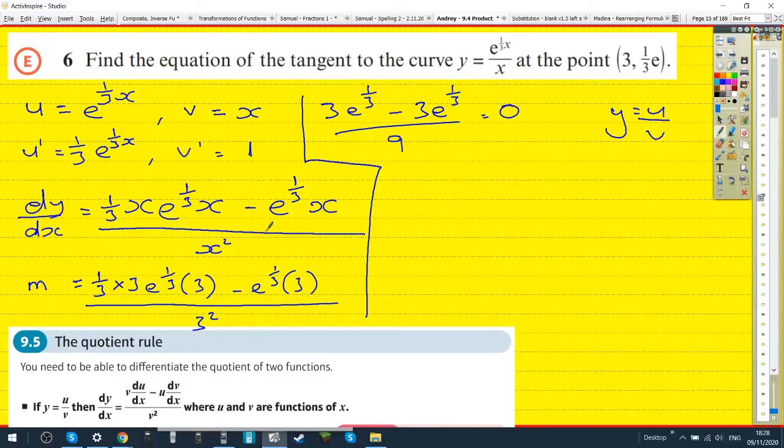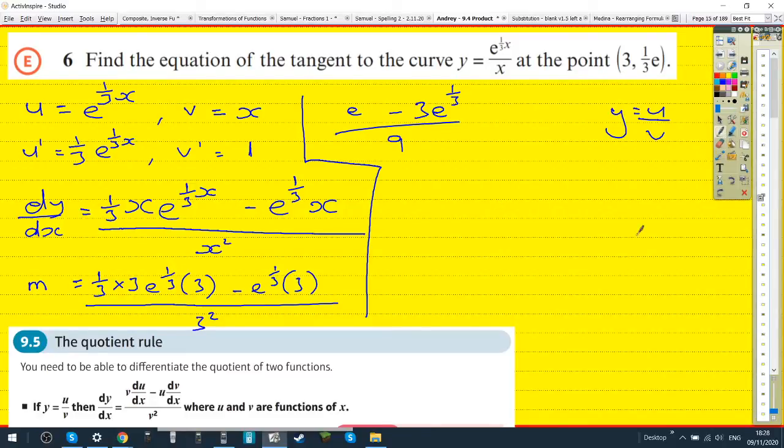Oh, sorry, this is up in the power. I wrote it like there. So it should actually be 3. It's a third times 3 and then a third times 3 in the power, so it's just 1e. Sorry, I wrote it as a big one. So that's just 1e. Okay, that's our gradient.